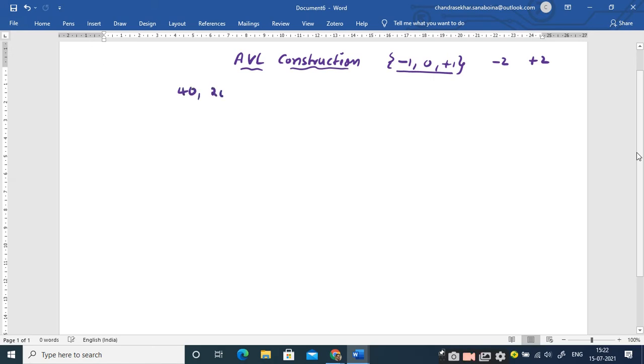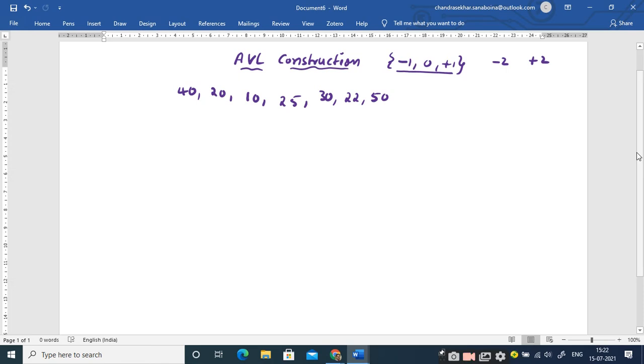40, 20, 10, 25, 30, 22 and 50. So these are the elements that I am taking.